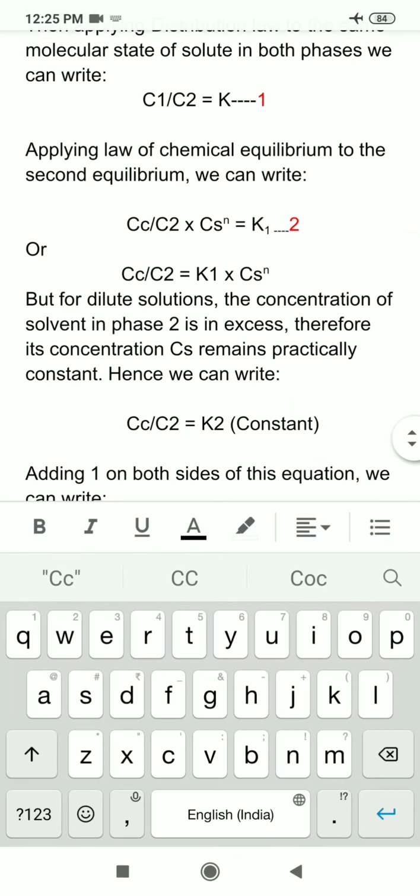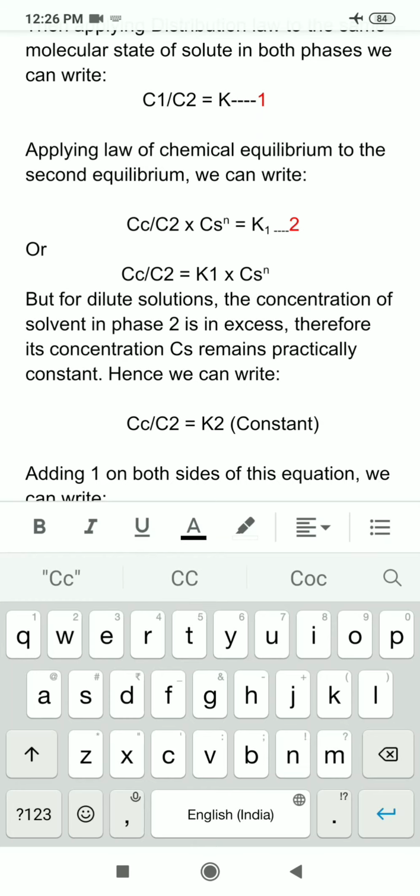Now for dilute solutions, the concentration of solvent in phase 2 is in excess. When we have a dilute solution, we assume that the solvent is very large in comparison to the solute. So I can say that for dilute solutions the concentration of solvent in phase 2 is in excess. Therefore its concentration Cs remains practically constant.